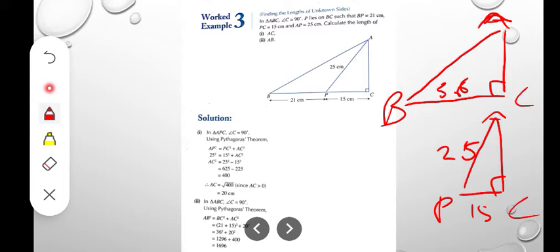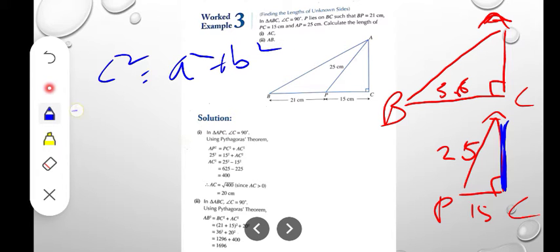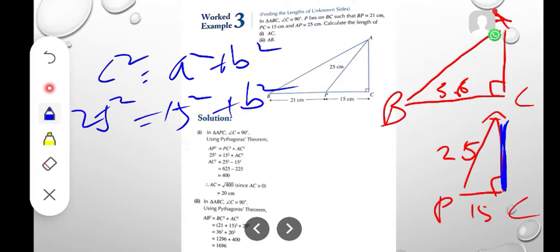So calculate the length of AC. Oh, AC, this one. This one, right? AC. Okay. So again, using the formula c square equals a square plus b square. So 25 square equals 15 square plus b square.